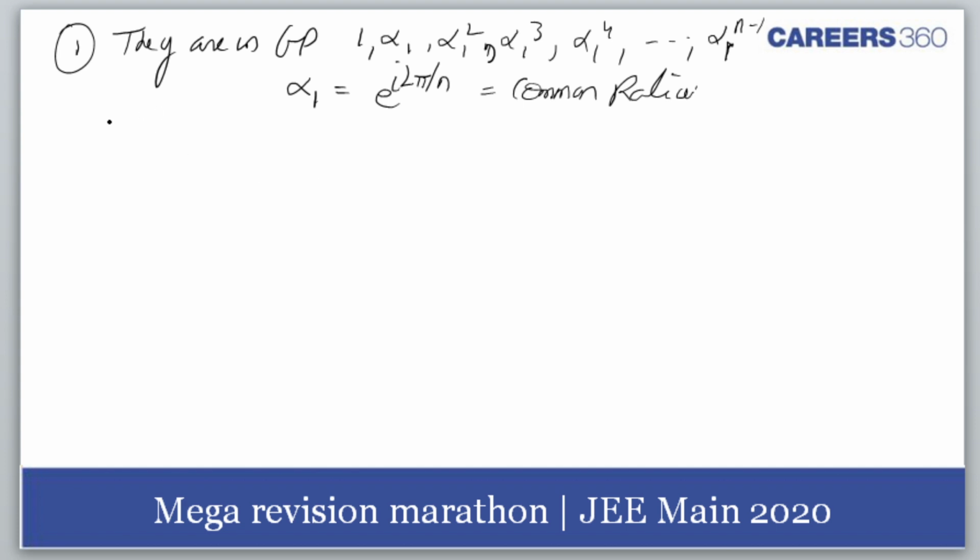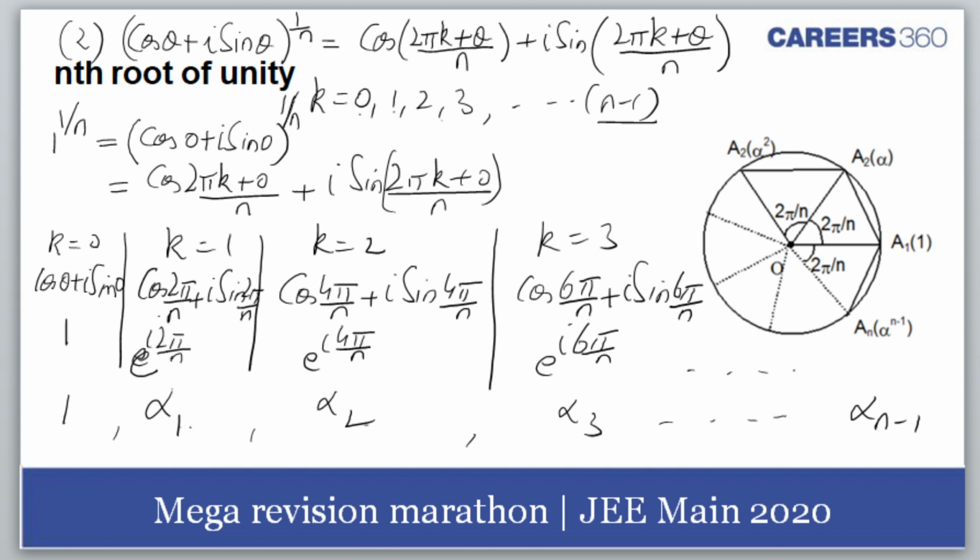Then, second part. As these are nth roots of unity, they are located at the vertices of a regular n-sided polygon. You see, we start from 1, 2 pi by n, this is alpha 1, this is alpha square, again 2 pi by n, 4 pi by n is the angle which it is making. So this is A2. This way we'll make a regular polygon inside a unit radii circle.